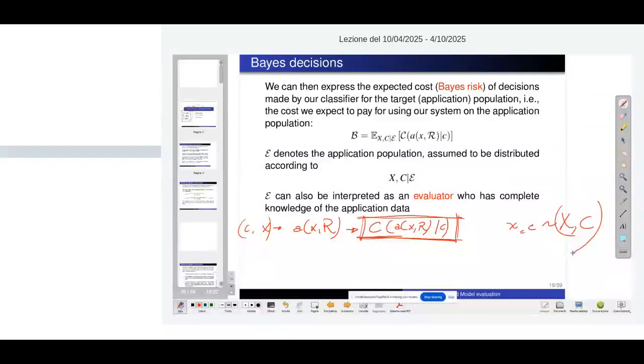So ideally, I want to evaluate, if I use my classifier on application data, what is the average cost that I will pay for my application. Let's reason in a frequentist way.